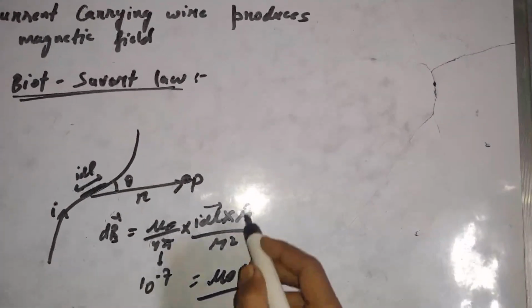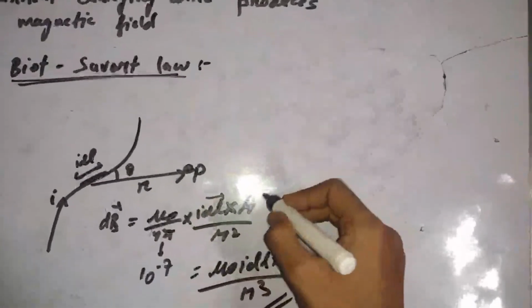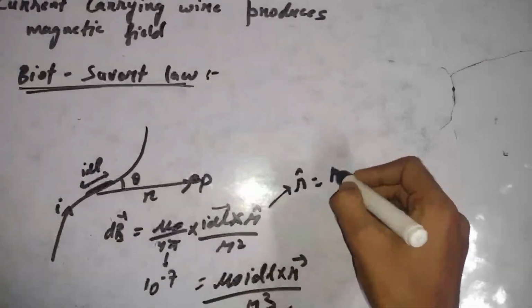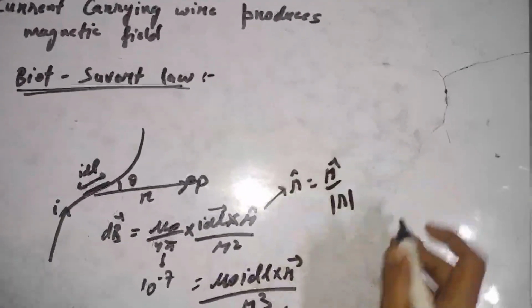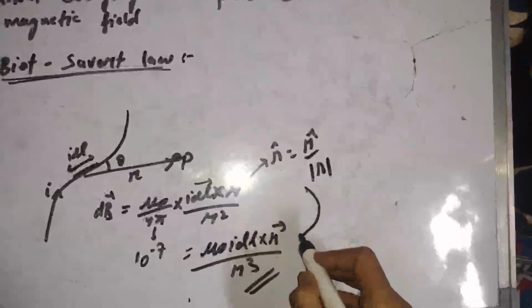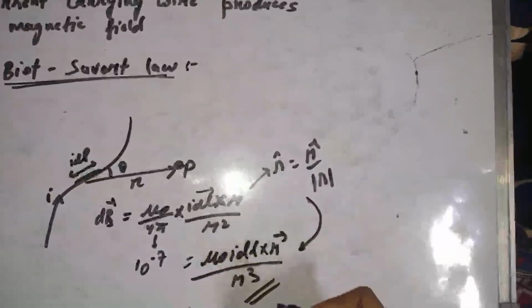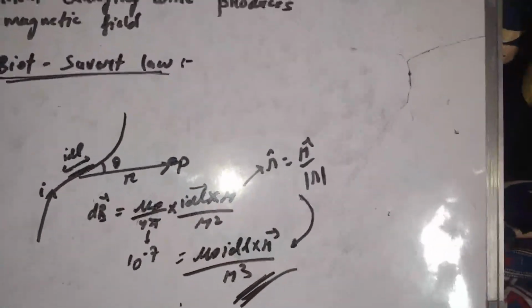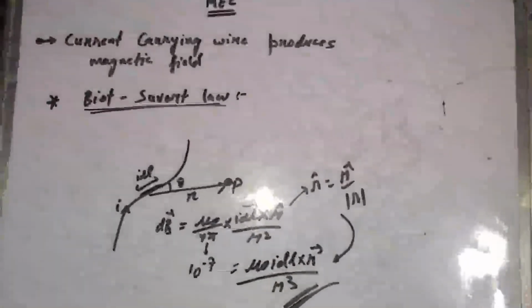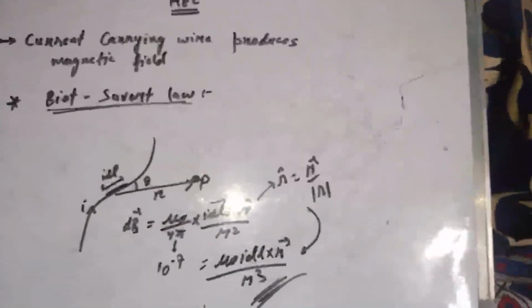I think this is trivial because r cap is defined as the vector upon the modulus of r, so if you convert r cap into this, it will become this. So that's all about the Biot-Savart law. Now we'll solve a few questions on the Biot-Savart law and we'll understand the mechanism of this particular law.